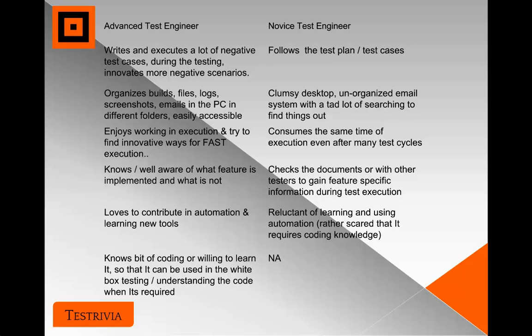Cycle after cycle, it has to improve. Your testing execution has to be faster than before. So if for 100 test cases you took 4 hours in the first cycle, you should take less time than 4 hours in the next cycle, because now you learned it.